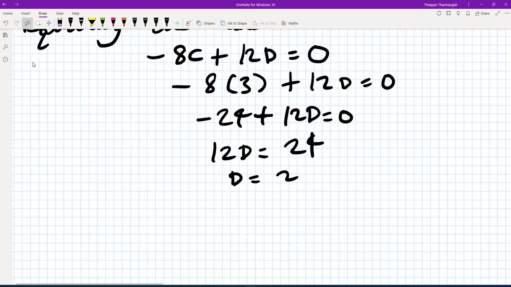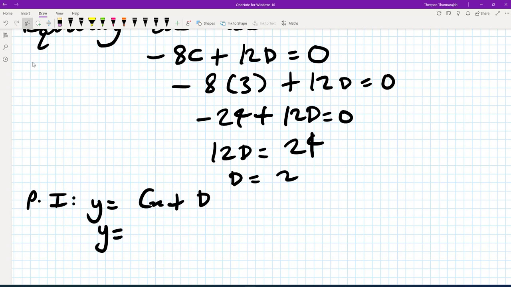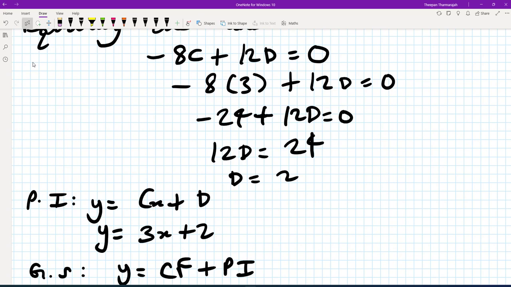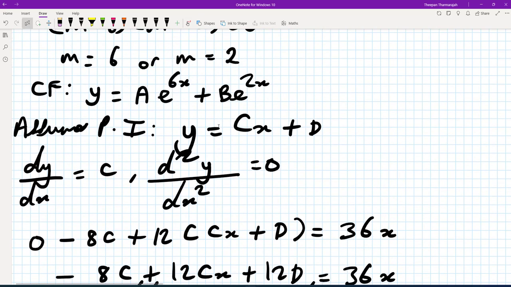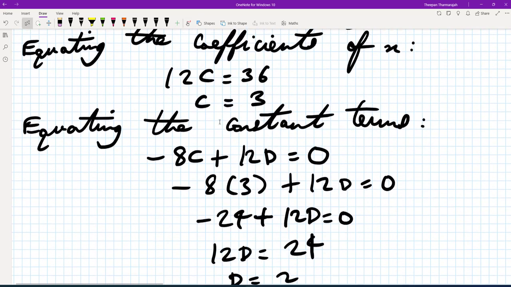So we can say that our particular integral is in the form y equals cx plus d. So y equals 3x plus 2. That's our particular integral. Don't forget our general solution is always in the form y equals CF plus PI. Now, be careful, our CF was a times e to the power 6x.